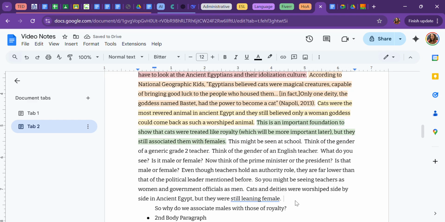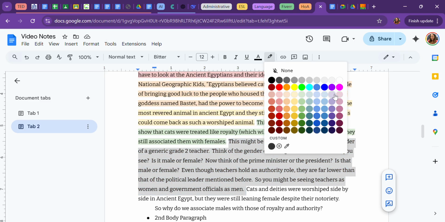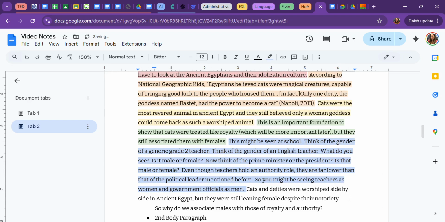Cats and deities were worshipped side by side in ancient Egypt, but they were still leaning female despite their notoriety. So why do we associate males with those of royalty and authority? Okay. So this is going to be my detail 4 and my real world connection. And this is going to be my conclusion.